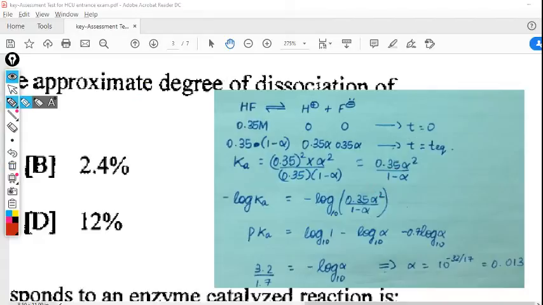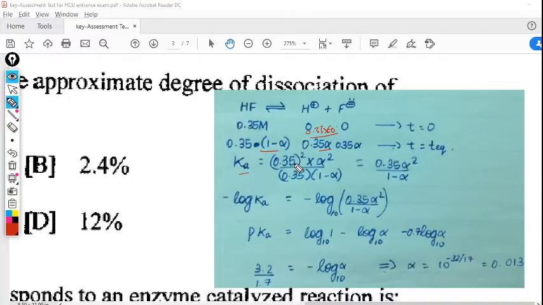Meaning if it has 60% dissociation, 60% of the ions are going to form. So each ion is going to have 0.35 into 60% of that. That is what alpha is. Okay, so this is what dissociation means. So each ion will be present as 0.35 alpha at equilibrium.